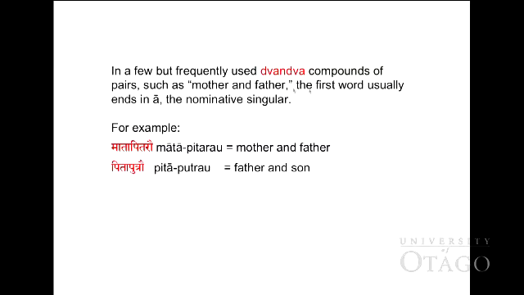The first word usually ends in ri, even though it's pitri, matri, but we change it to a, that is mata, pita, in the nominative singular. You see from this one: mata-pitarau, mata-pitarau, mother and father. Pita-putrau, pita-putrau, father and son.